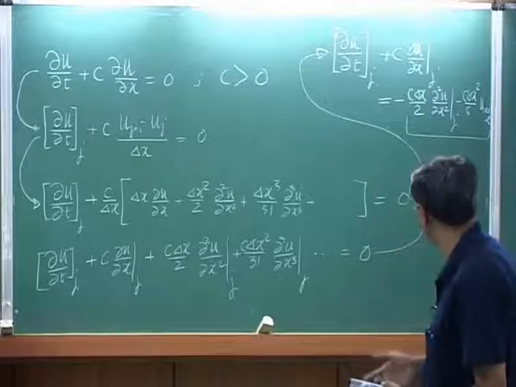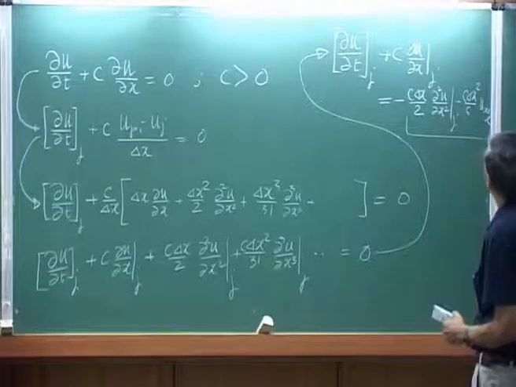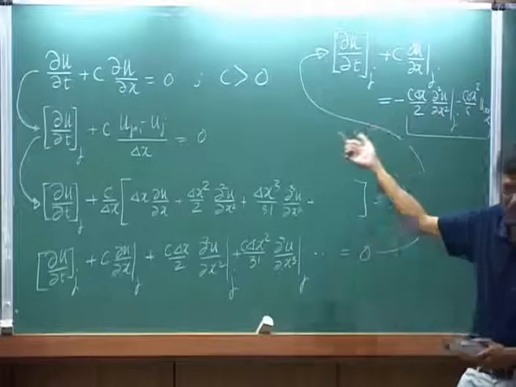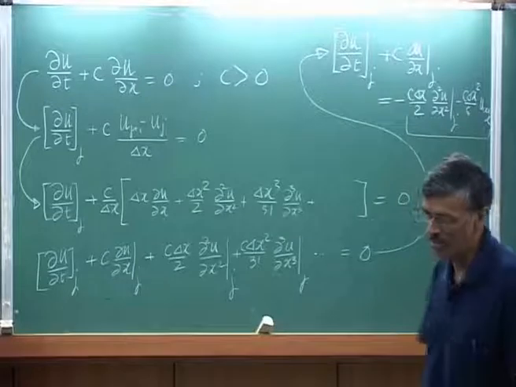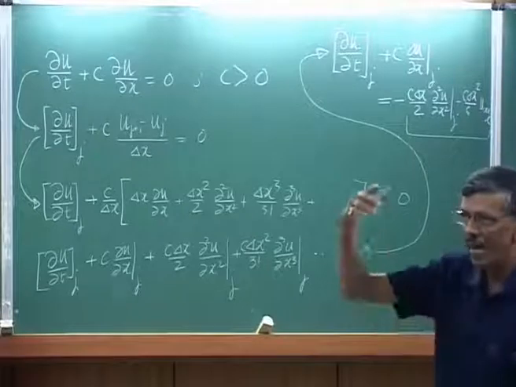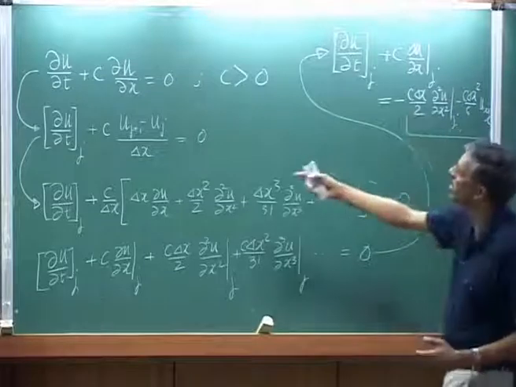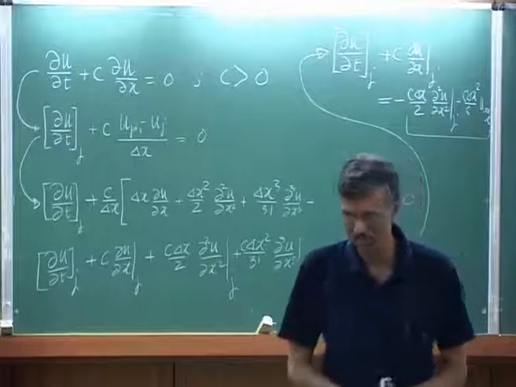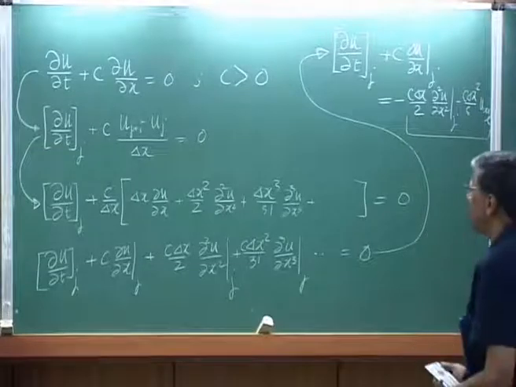Looking at that expression immediately sets the alarm bells ringing. What is this term? This is a second derivative term, but with a negative sign, and C is positive, right. So, this is going to give you some kind of anti-diffusion. So, it will not attenuate the solution. If you adopt this method to solve this equation, you are going to get into trouble, right.